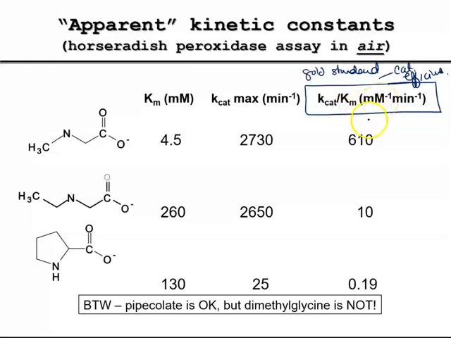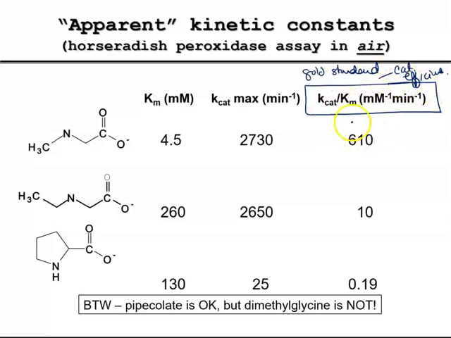Now, if we look at the catalytic efficiency of the enzyme, we consider what is the amount of substrate to reach half maximal velocity for that enzyme reaction, and how quickly can the enzyme convert substrate to product.